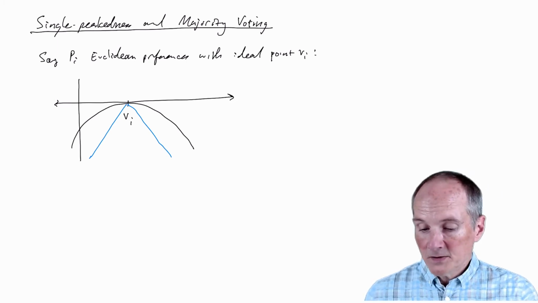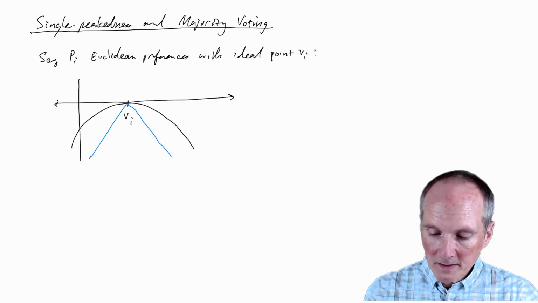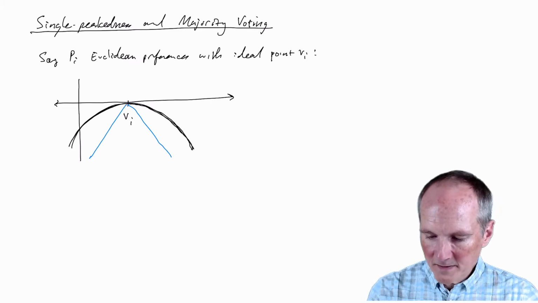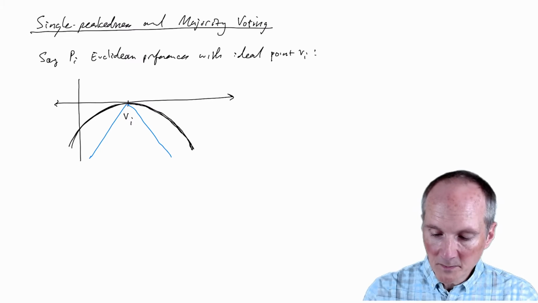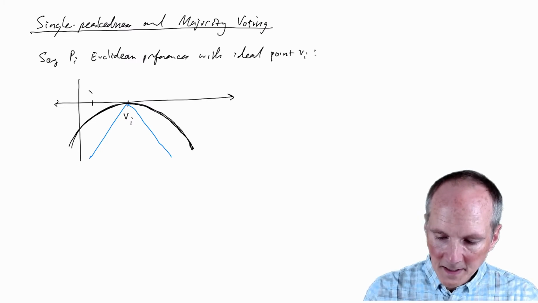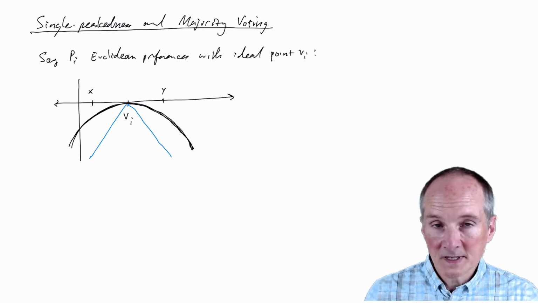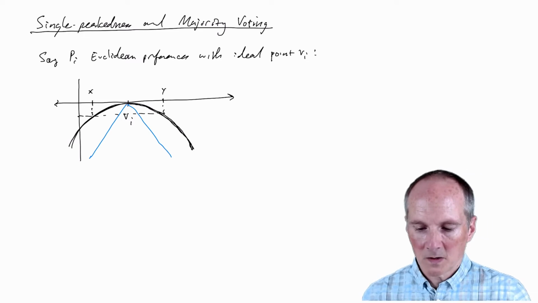But one feature that pops out when you graph these utility functions is that they're symmetric about the ideal point. With quadratic utility, we have this smooth curve, and the part to the right of the ideal point is really just a mirror image of the part to the left. Another way of saying that is if I take an x to the left of the ideal point and a y that's the same distance to the right, then the utility from those alternatives is the same.